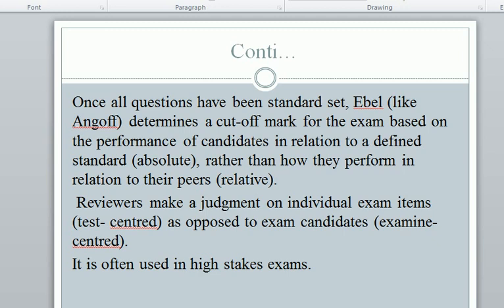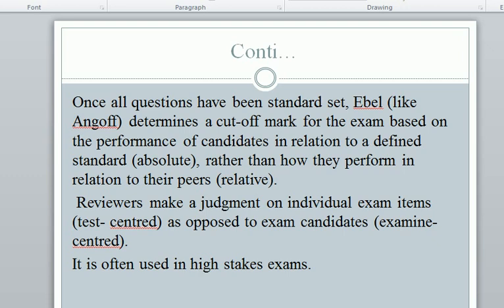Once all questions have been through standard setting, Angoff determines a cut-off mark for the exam based on the performance of candidates in relation to a defined standard.